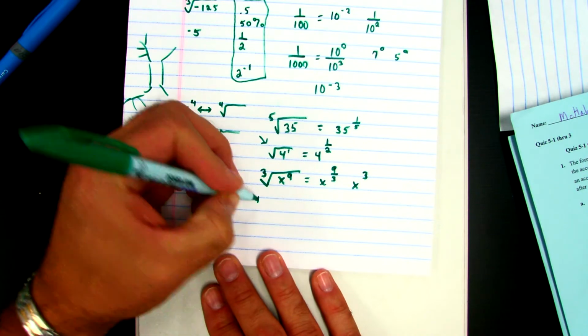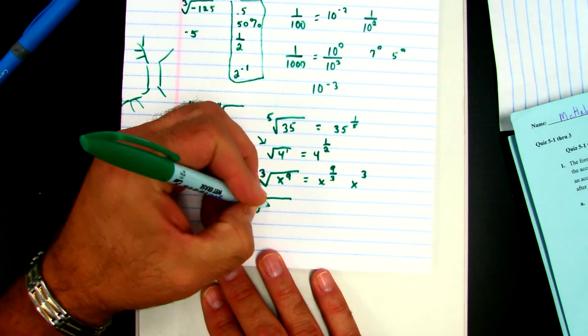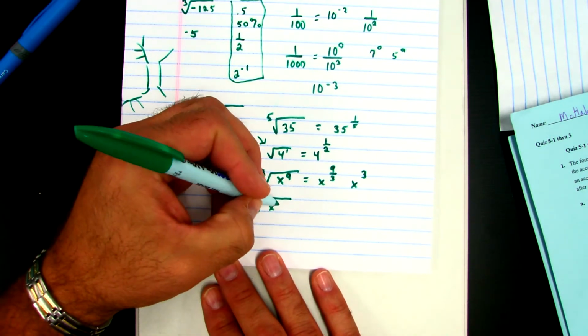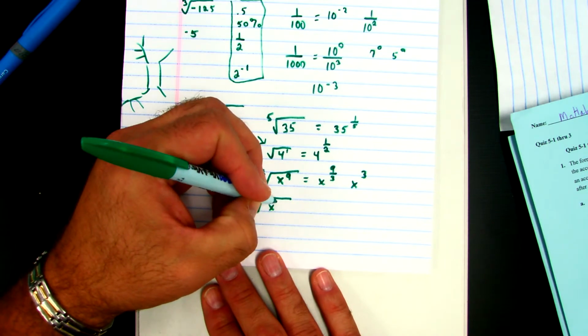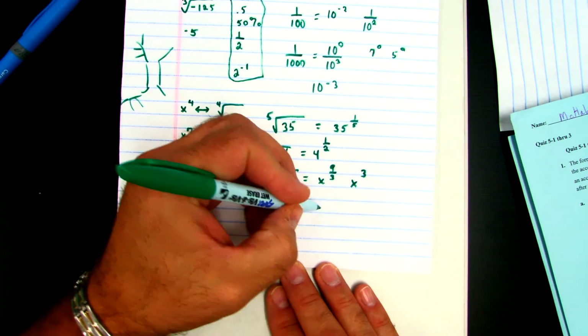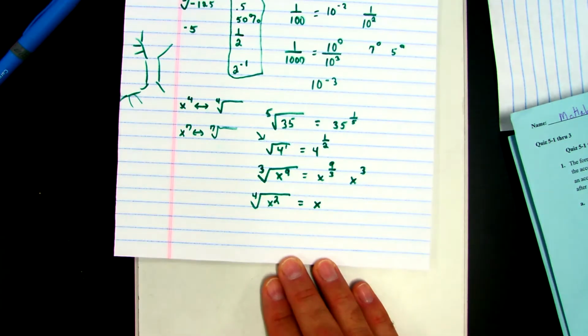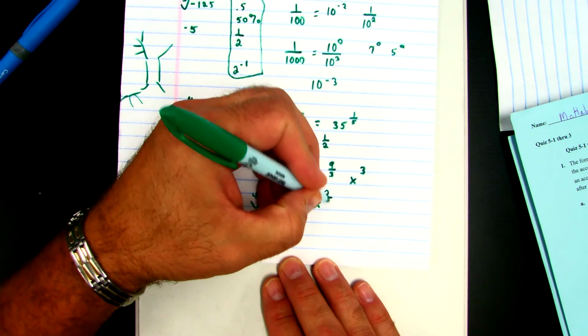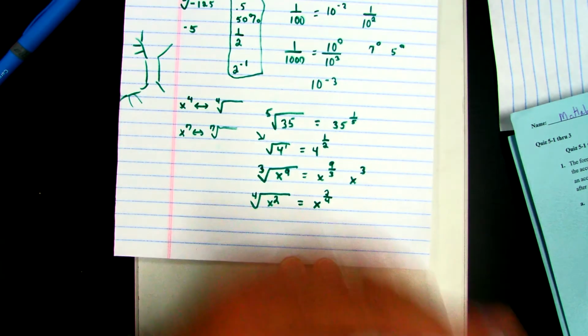Let's look at the 4th root of x to the 2nd power. So go ahead and do that one real quick. Write it in exponent form. Okay, you should be done. Correct, you should have 2 over 4, and then you should have recognized that that also can be reduced.